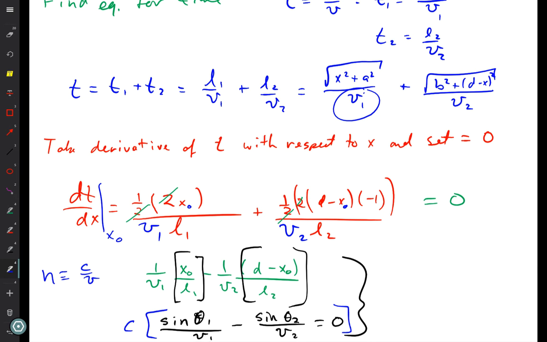C over V2 is N2. And then the final step is moving the negative one to the other side of the equal sign. And so I have, there, I did them in opposite order that I said.